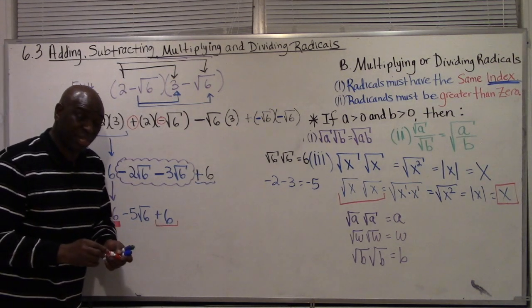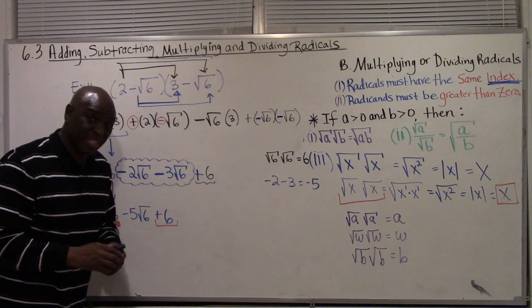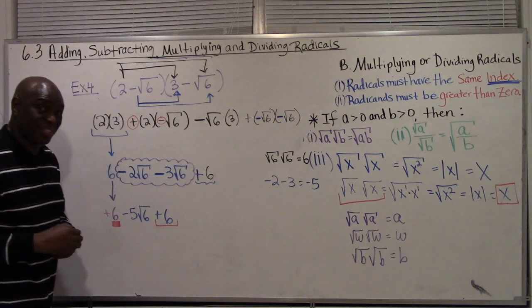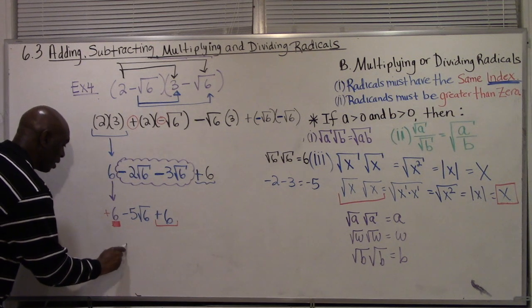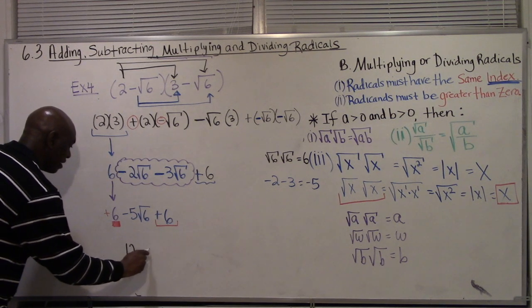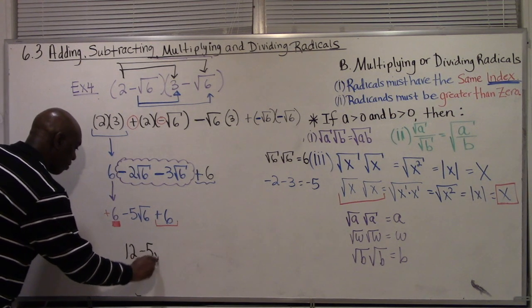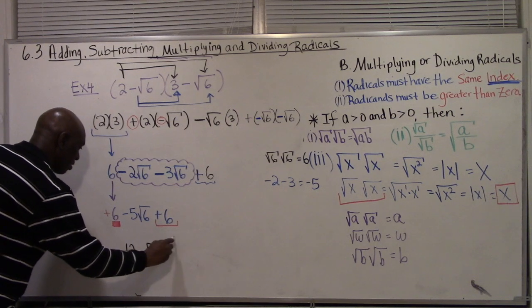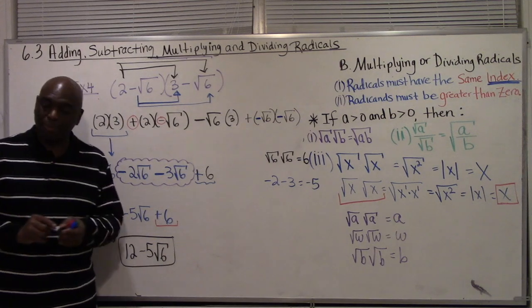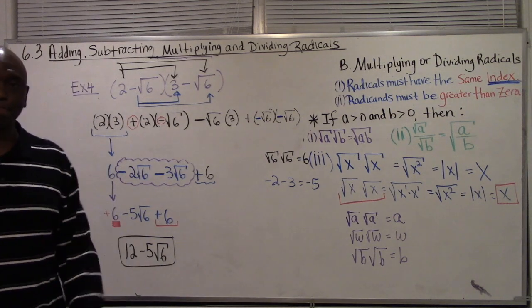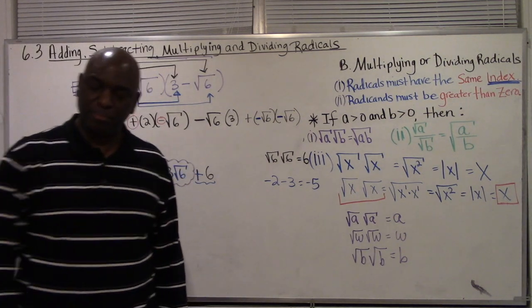What is 6 plus 6? Okay, 12. So that's going to be 12 minus 5 radical 6. Congratulations. And I'm finished with that problem. That one's done. That one's over.